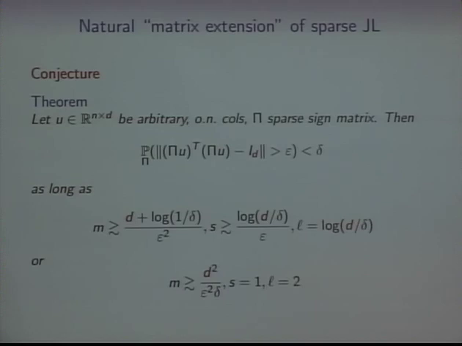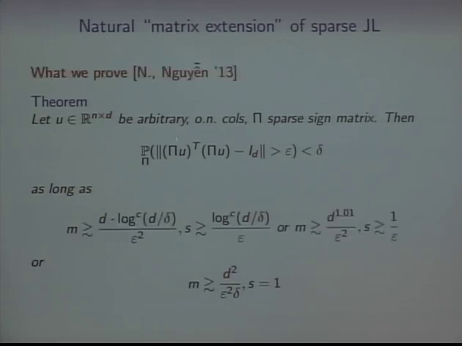We don't know how to prove this conjecture right now, but we can prove something. And this is joint work with Hui, which is you can get worse by polylog factors in m and s. Or you can set m to be slightly superlinear, d to the say 1.01, and s doesn't depend on d at all. Or you can do the second moment method and get this bound.